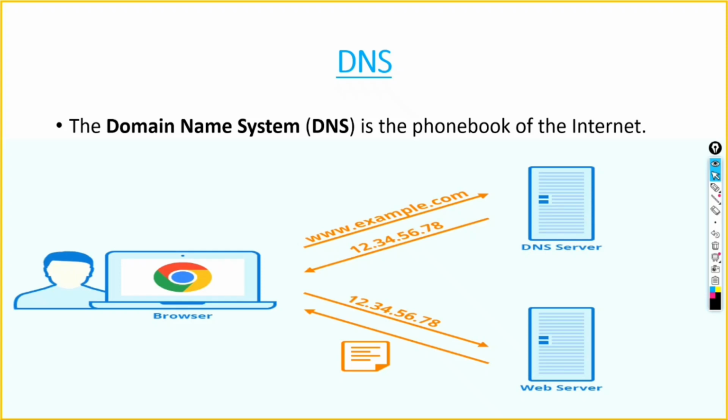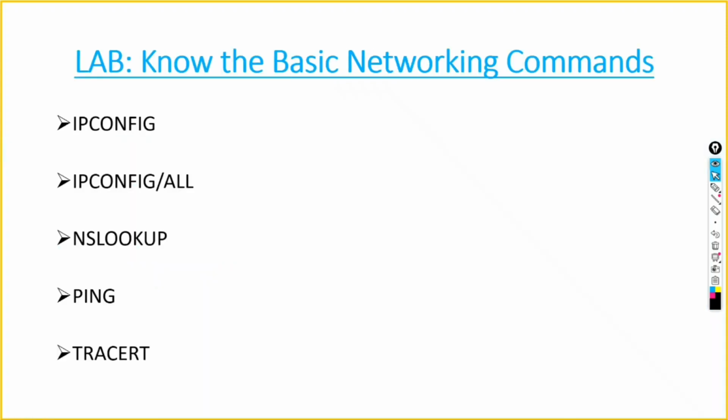The DNS server converts that name into an IP address. Then that IP address reaches the web server, and the web server replies to that particular IP address. So the Domain Name System has a list of entries mapping domain names to IP addresses. Whenever any request comes with a particular name, it converts it into an IP address and returns the request back.